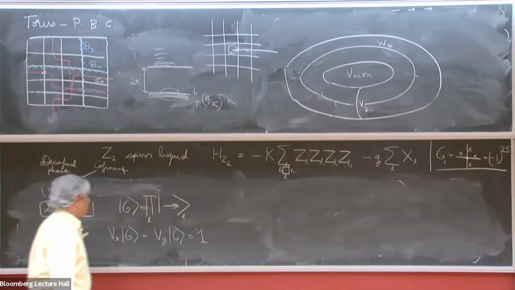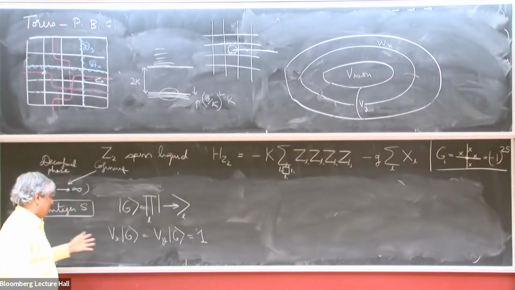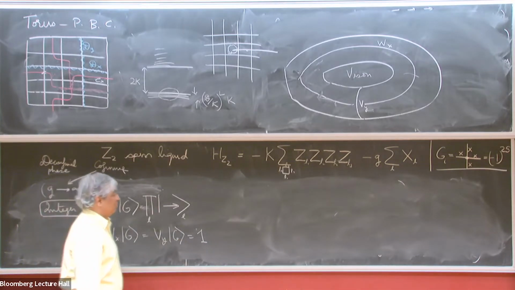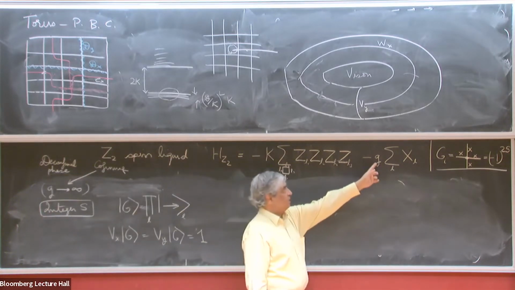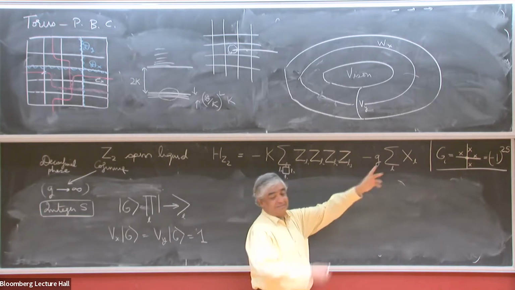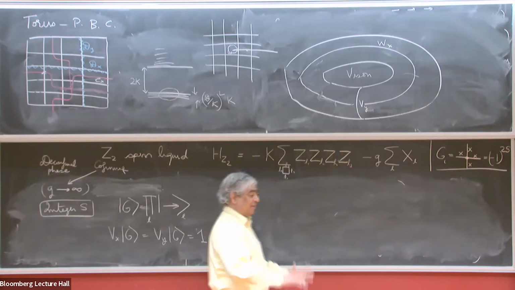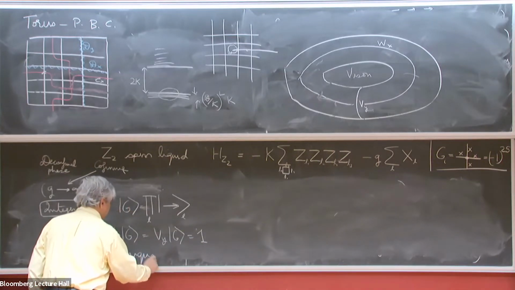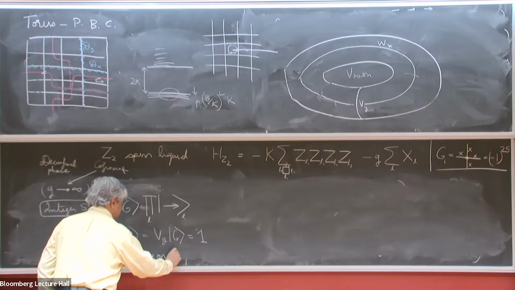If I make Vx equal to -1, then you pay a huge energy cost of 2 times little g. That's a huge cost, you don't want to pay it. So the ground state is unique, even on a torus. So the degeneracy is gone.